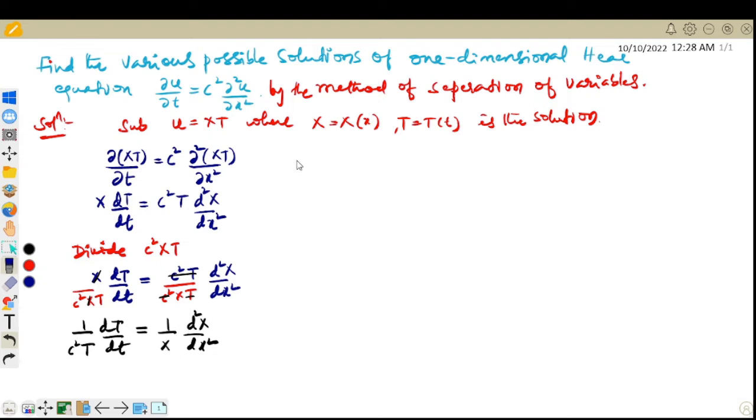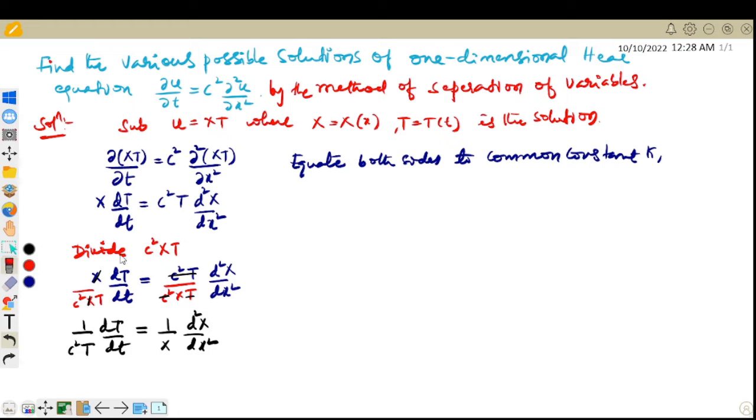Okay, look here. You can equate both sides to a common constant k.